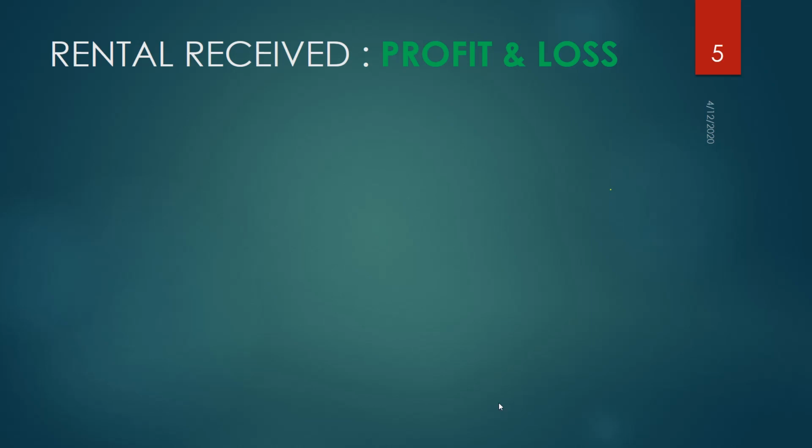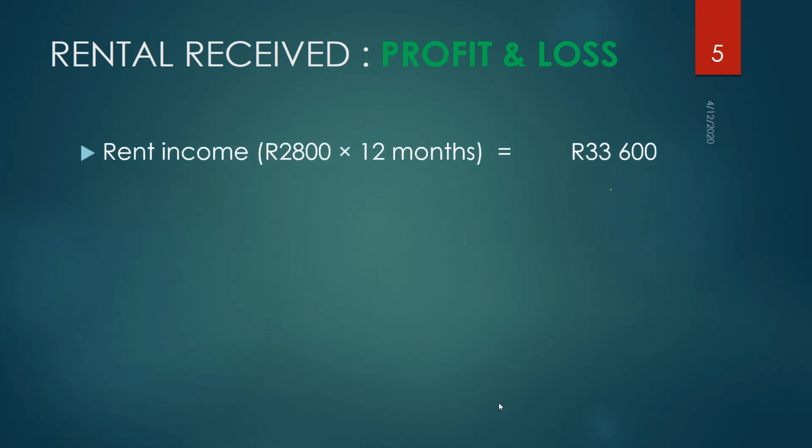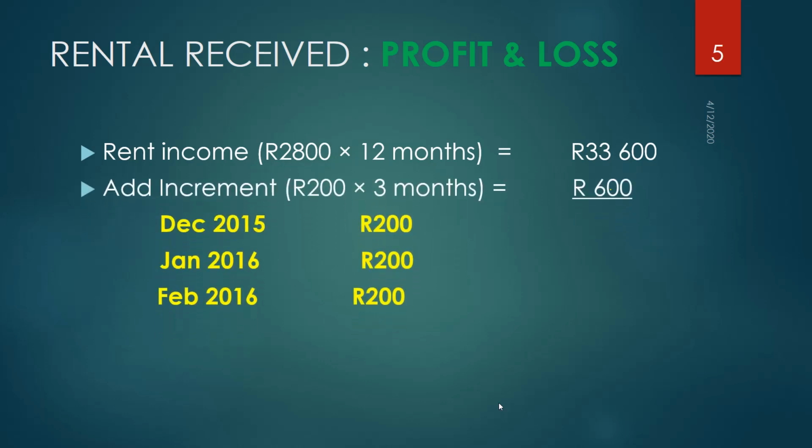The next thing that we're going to do, we're going to determine the rent received that resides in the profit and loss. The rent received that resides in the profit and loss will be determined by taking the 2,800 monthly rental multiplied by 12. We're going to get 33,600. However, remember that December, January, and February increased by 200 rands, and it affects our current financial year.